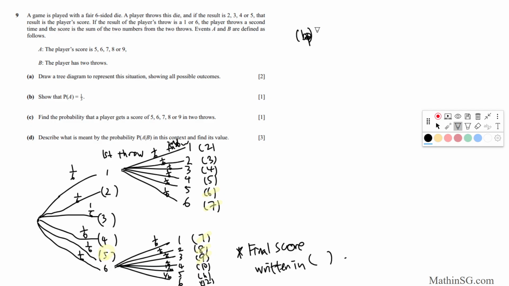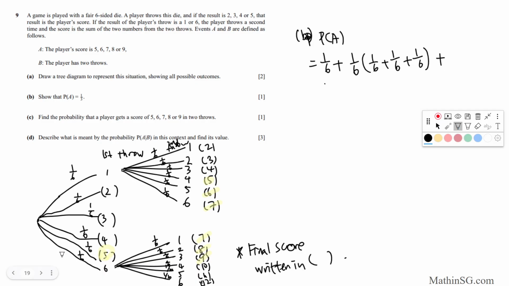So P of A. You get 5 if in the first row you get 5, right? So it's 1 over 6. Oh, here there's still another 5 here. Or you throw a 1 in the first round, and you throw a 4, 5, or 6 in the second round.